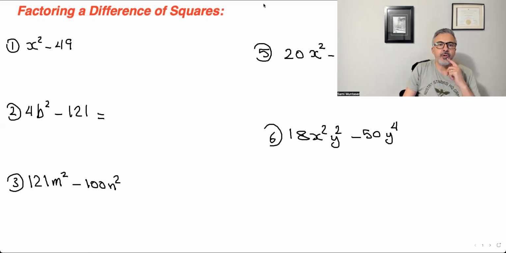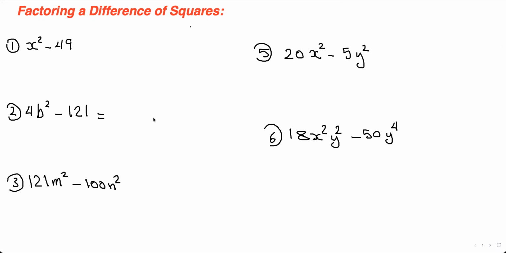All right, so let's start explaining the difference of squares. The first thing we need to know when factoring the difference of squares is how to recognize that we need to use it.